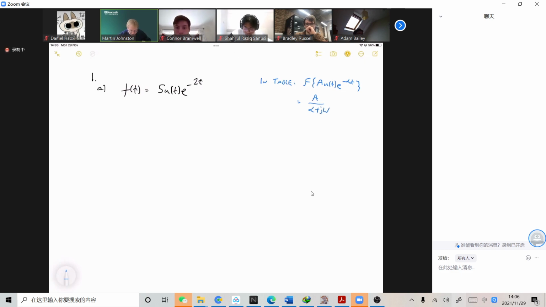So we get that from a table. In our case, it's very simply just substituting the values in. Here we can see that A equals 5 and alpha equals 2. So the Fourier transform will be 5 over 2 plus j omega.